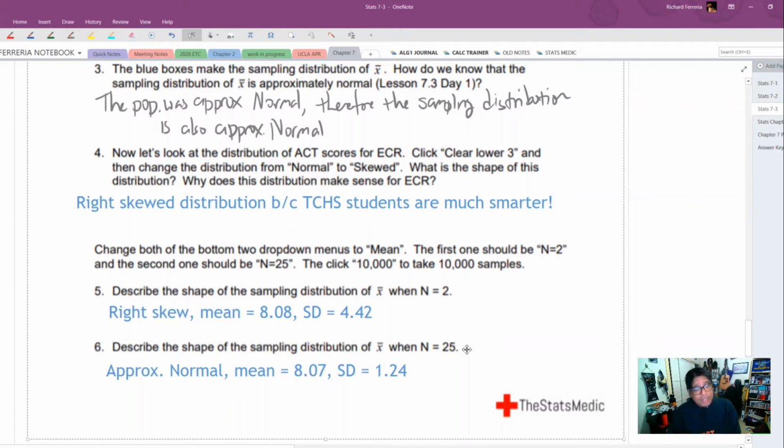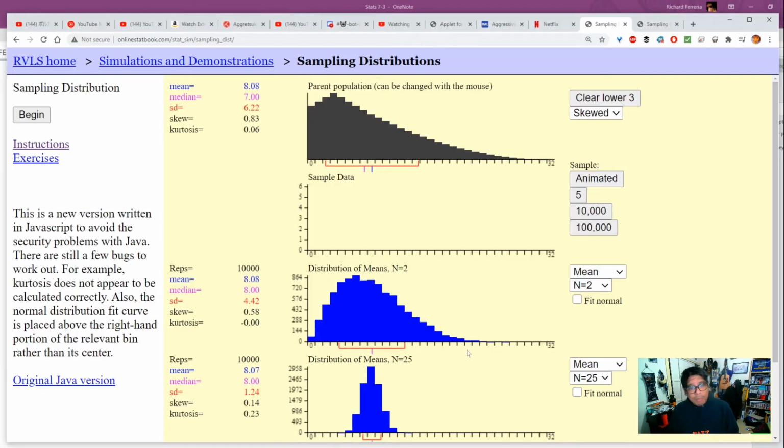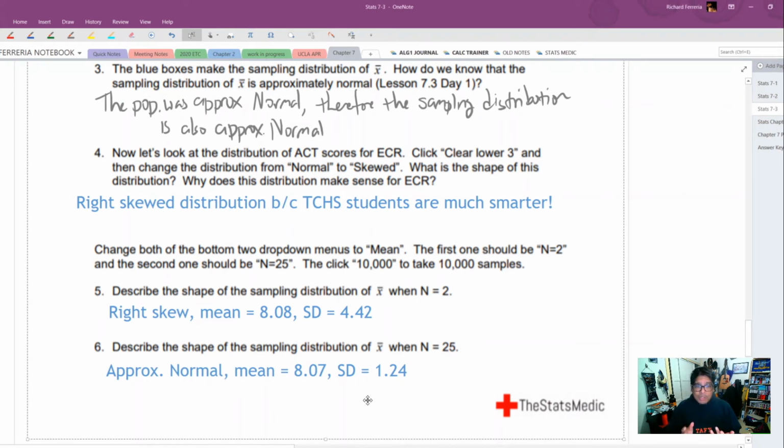So this is kind of an illustration of why large samples are so great. When we take a large sample, we get a normal distribution with a small standard deviation. That means it's going to be easier to see if we have one sample that is way out of sync with the rest of them.